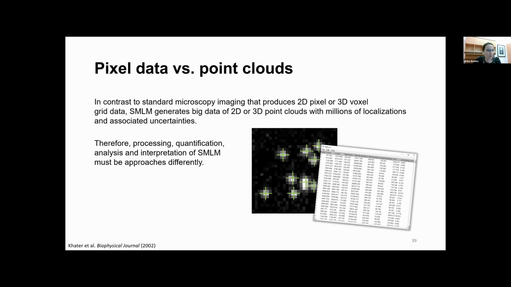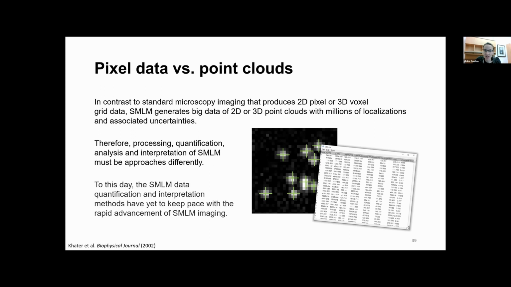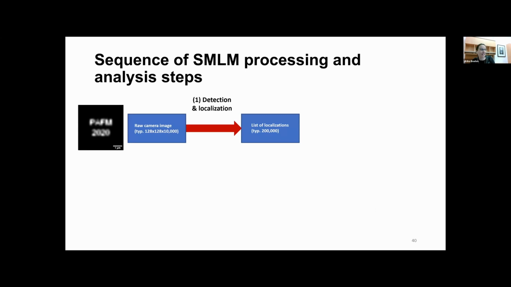But right now, the data format and how we handle this data is really a field of research which is pretty new, I would say, or has only been there for the last 10 years. So there's still lots of work in progress in order to handle these tables in the best possible way. But let's just talk about the processing and the different analysis steps.